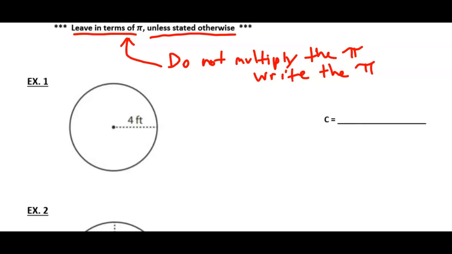Okay, so all I need to do circumference is a radius, and there's my radius. So C equals 2 pi r. Radius is 4, so that's 2 pi 4 in parentheses. Now, by the way, this is all being multiplied. What we're going to do is not multiply the pi, we are just going to write it.